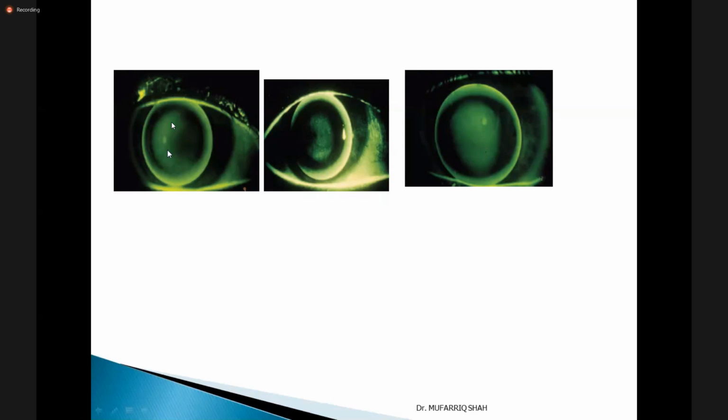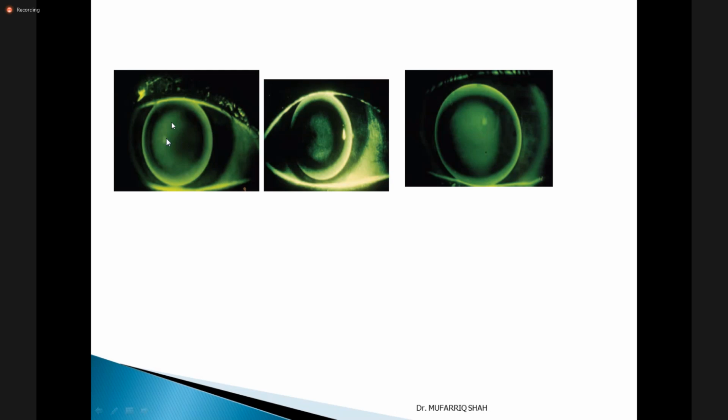If the patient has this one on the left side, suppose I applied an RGP lens on a patient, and that patient comes to you, and you want to assess the lens fit. You put in the anesthetic drops, you put in the fluorescein, and you see these various types of patterns in various cases.